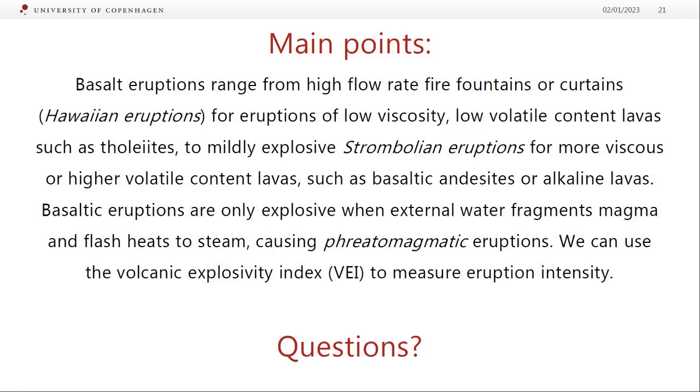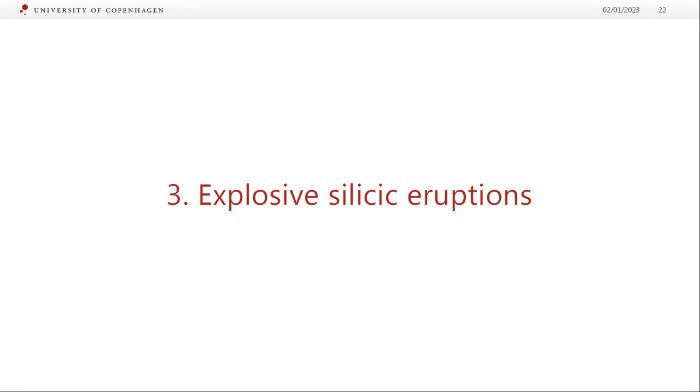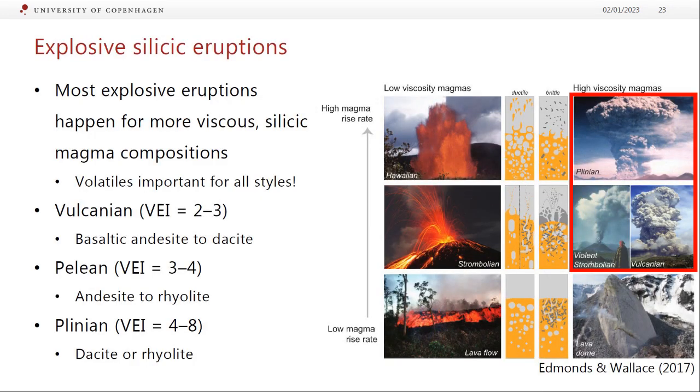All right, explosive silicic eruptions. The vast majority of explosive eruptions happen for more viscous silicic magma compositions, and volatiles are always important here. So back to our reference diagram: we're in this end, high viscosity and high magma rise rates, and they're always going to be explosive.